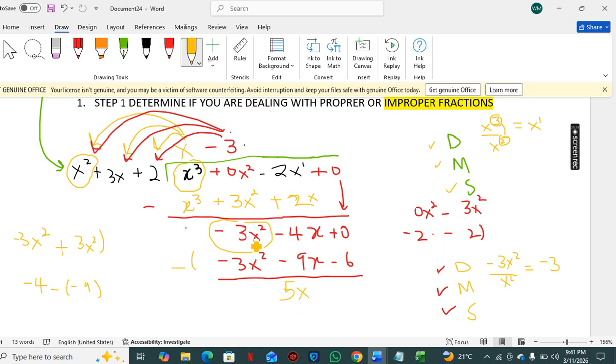Then 0 minus negative 6. Negative and negative make positive. So it's like 0 plus 6. You get 6.